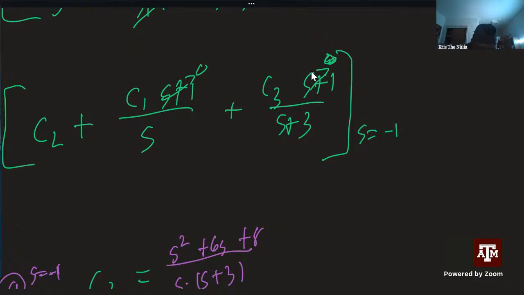So plugging in -1, we now have -1 squared plus 6 times -1 plus 8 over -1 times -1 plus 3 equals C2. Oop, should use the same colors.